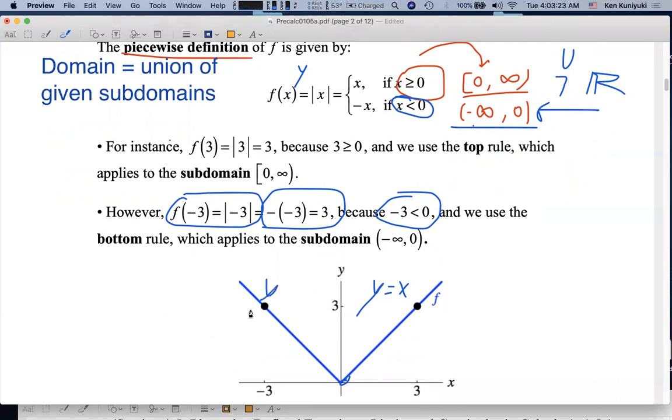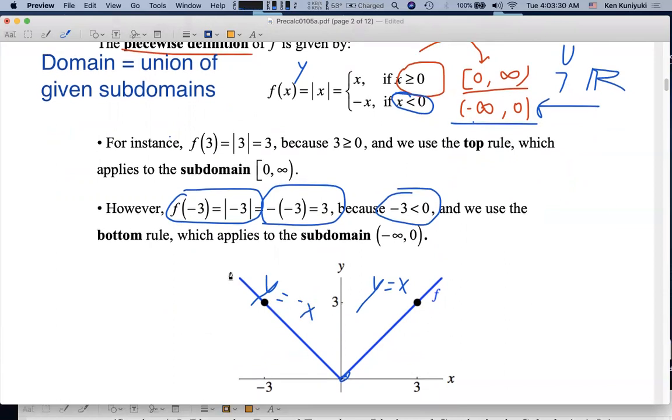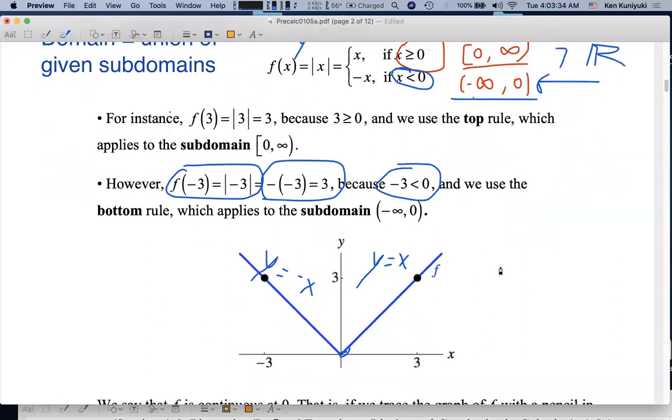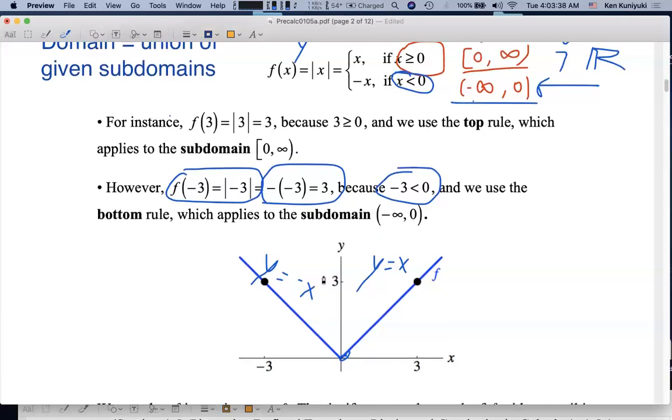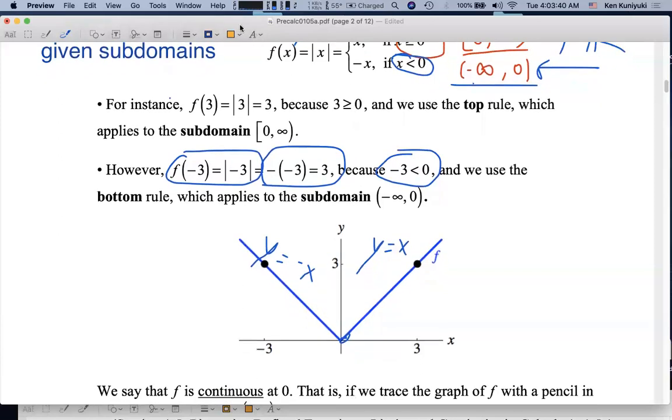We want to graph y equals the opposite of x. And that goes through quadrant 2. So we get the V-graph. But it's a V-graph that corresponds to two different rules for two different subdomains. We had a rule for this subdomain, and we had a rule for this subdomain.